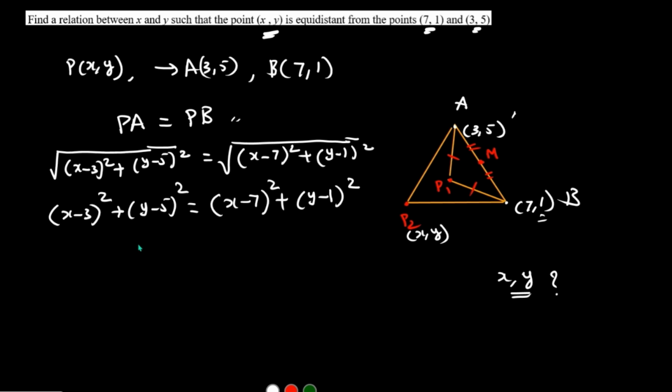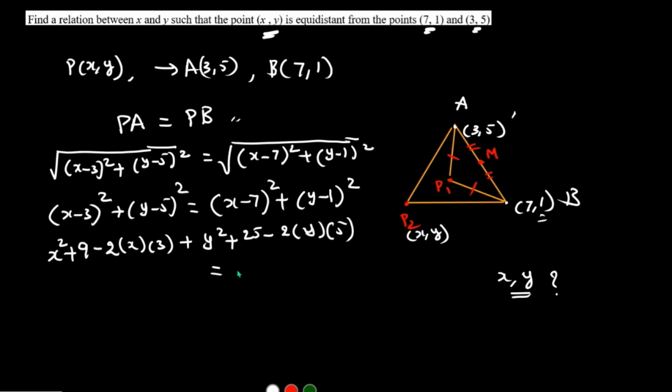So let's simplify this equation. For the left side, using (a minus b) whole square, it is x square plus 3 square, which is 9, minus 2 into x into 3, plus y square plus 5 square, which is 25, minus 2 into y into 5, equal to this side.